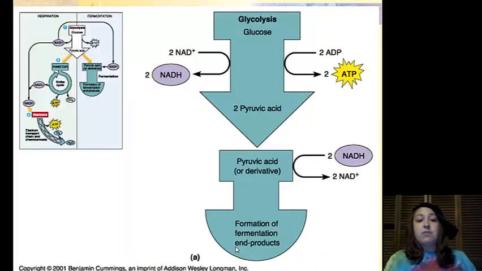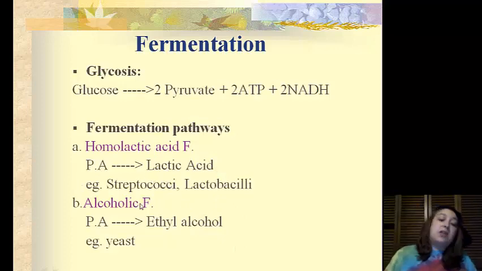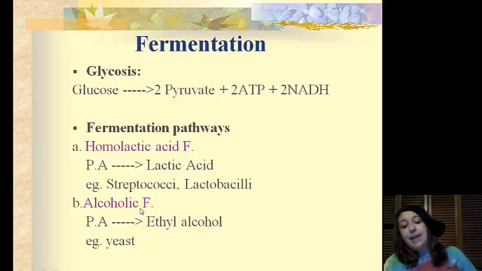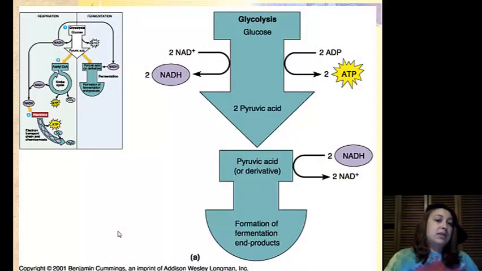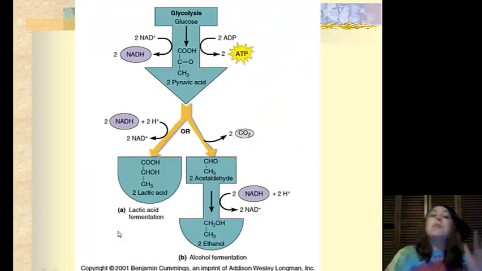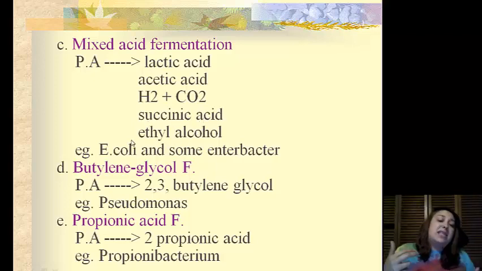Now guys, if you remember in this previous slide here, we said that lactic acid is done by streptococcus or lactobacilli, and the alcohol is done by yeast. Now guys, fermentation is done by a lot more bacteria than this. We have mixed acid fermentation that gives us lots of different acids as the byproduct, and that's done by E. coli and some enterobacteria.